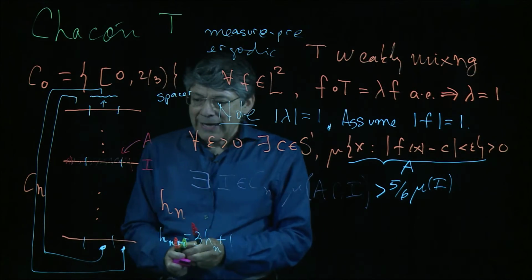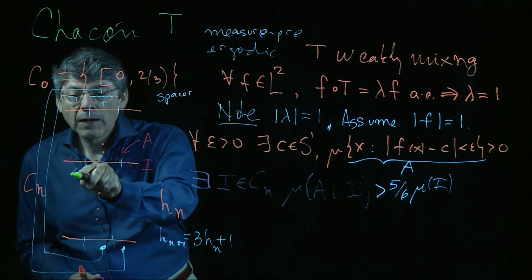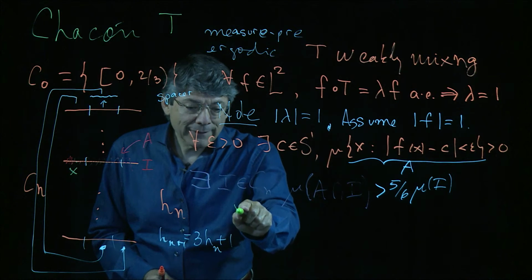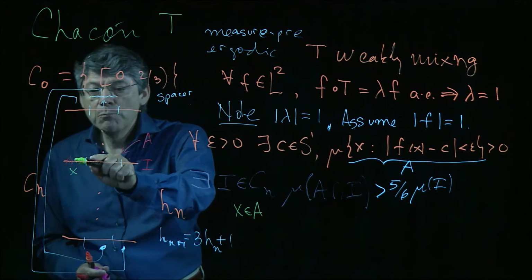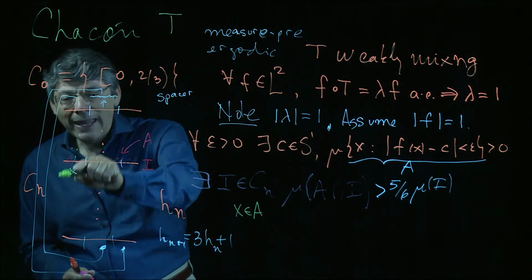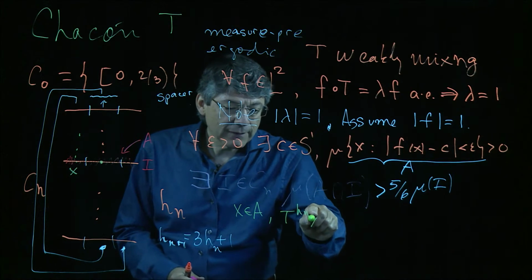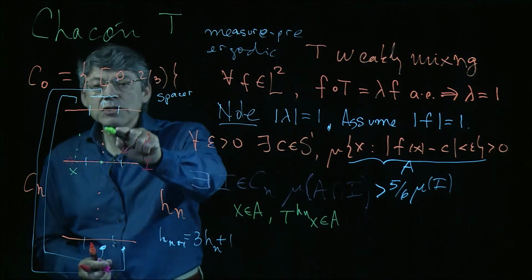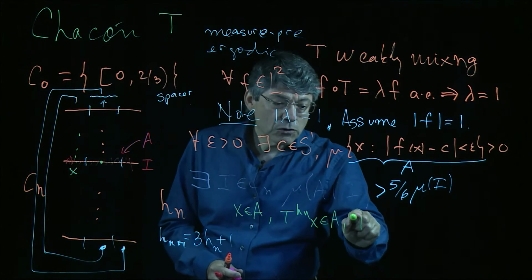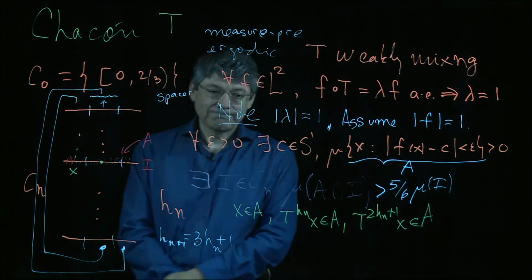So therefore, it follows that there has to be a point x in A, so that when we move that, it comes back to A. So if you move this point up, you will see by hn, it comes back to A. So that's T to the hn of x is in A. And if we continue again, by another hn plus 1, then T to the 2hn plus 1 of x is in A. Okay?